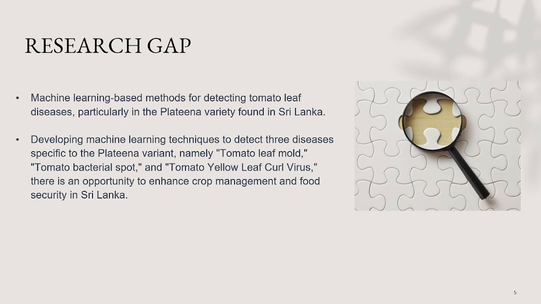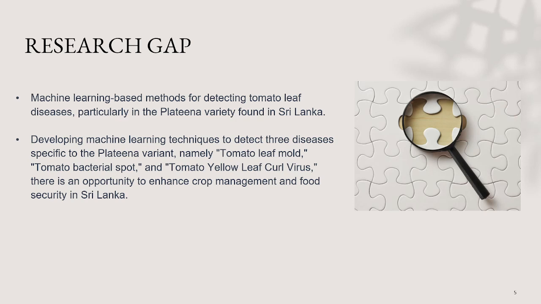So there's a significant opportunity to enhance tomato cultivation in Sri Lanka by introducing such a successful way to identify the three most famous diseases spreading through tomato cultivations and facing the farmers in Sri Lanka.